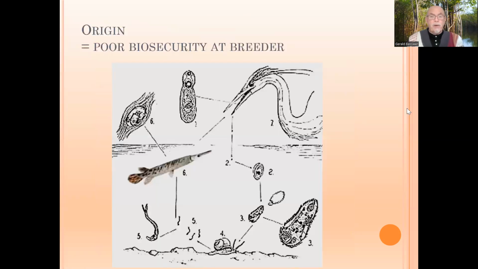And the origin of the problem is that there are worm larvae coming in through the snails, or originally first from the bird, then into the water, in the snails, and then from the snails comes a larvae that comes into the fish and somewhere encapsulated. Here it's in a Florida gar, for example. But anyway, the cycle is going like this, and then the fish is eaten by the bird, so it closes the cycle.